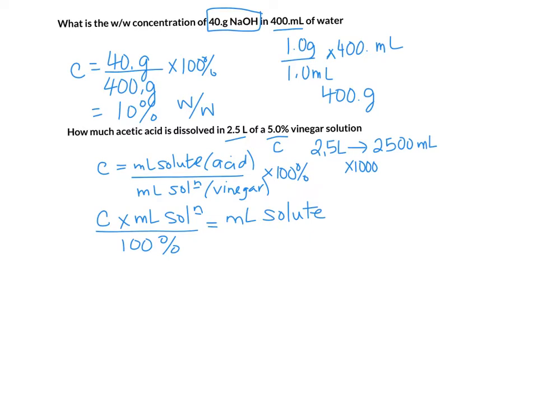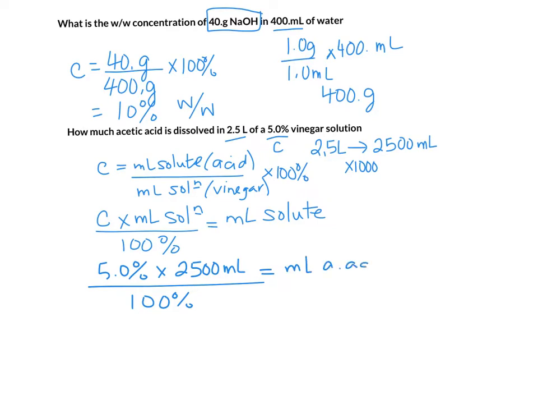So now put in our values. We've got 5% times 2,500 milliliters divided by 100%. And that will be equal to the milliliters of solute, which is our acetic acid. So this is 125 milliliters.